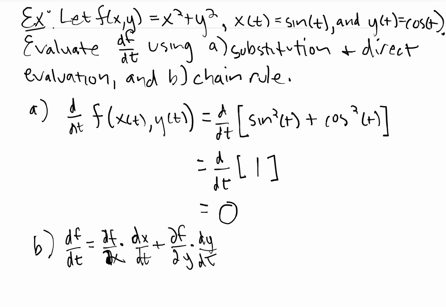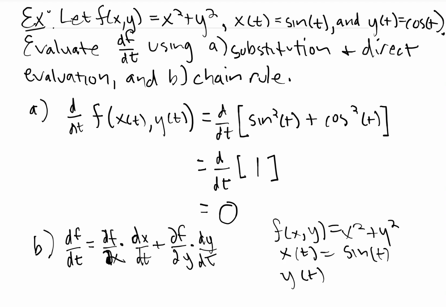Well, just as a refresher, since I'm going to have to scroll down here in a moment, I will copy over these functions just one more time so I have them for reference. Remember, f was x squared plus y squared, x of t was the sine of t function, and y of t is the cosine of t function.